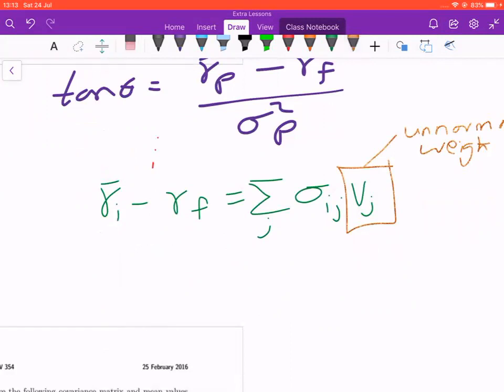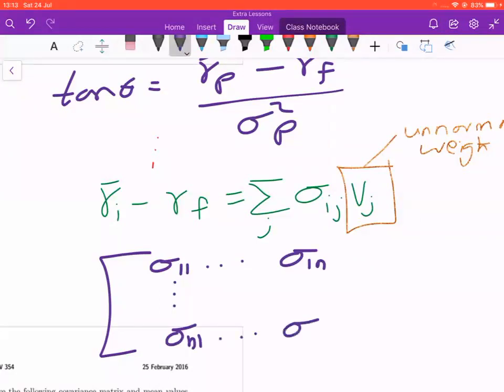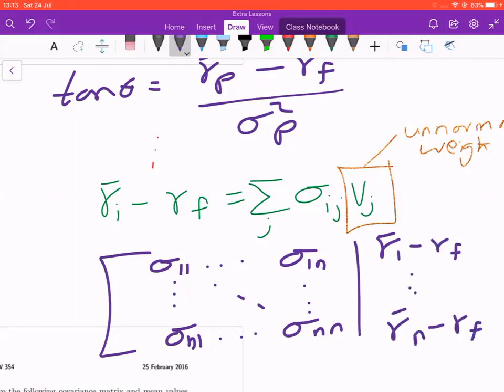So you will have your covariance 1,1 up to 1n, all the way to n1 up to n, and then you solve for r1 minus rf, up to rn minus rf.